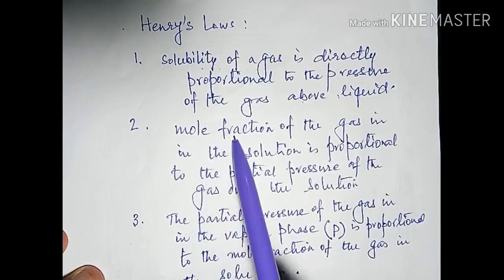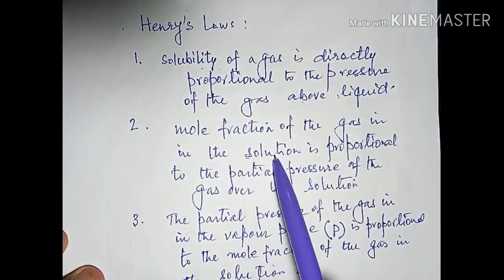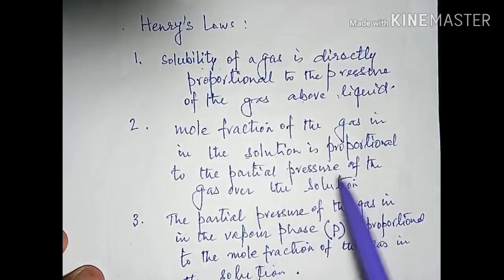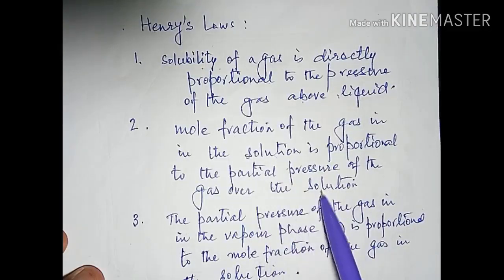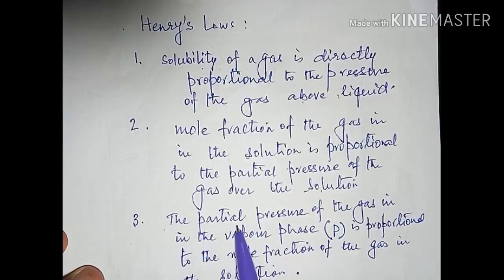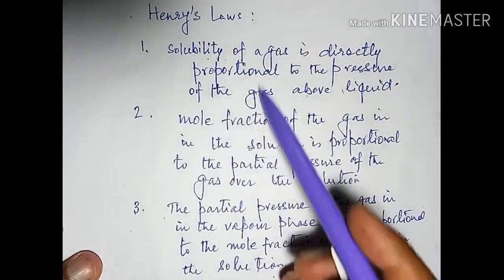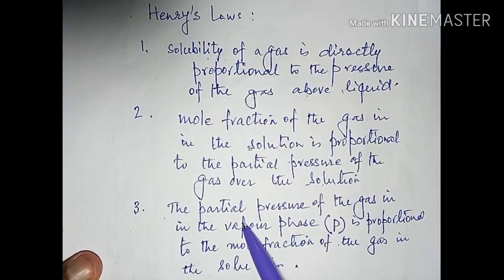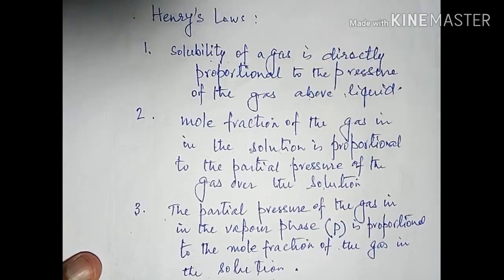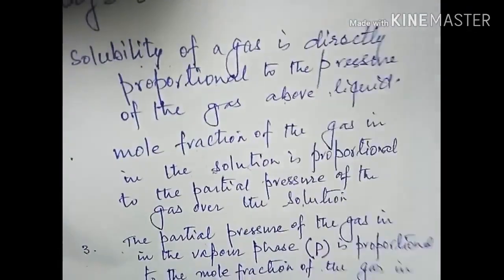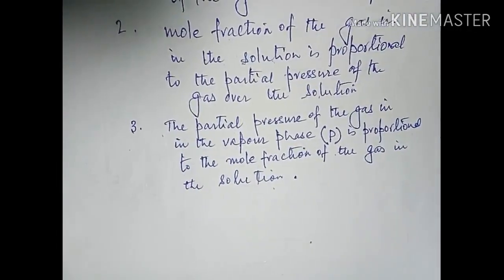The second form is: mole fraction of the gas in the solution is proportional to the partial pressure of the gas over the solution. And the third is: the partial pressure of the gas in the vapor phase is proportional to the mole fraction of the gas in the solution. So all these three forms are similar.